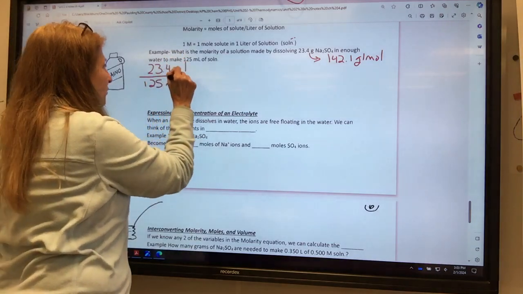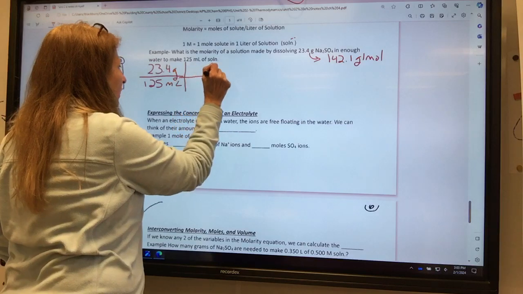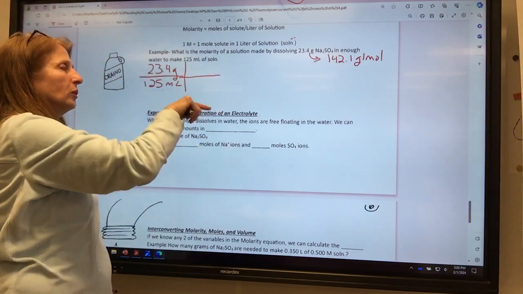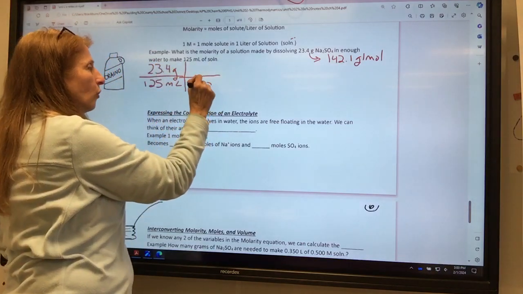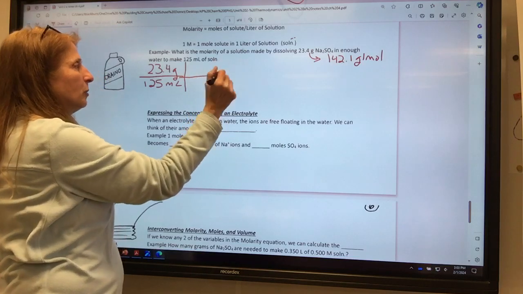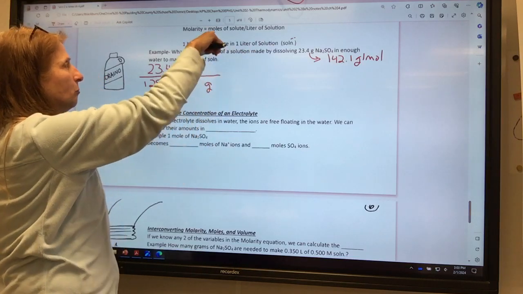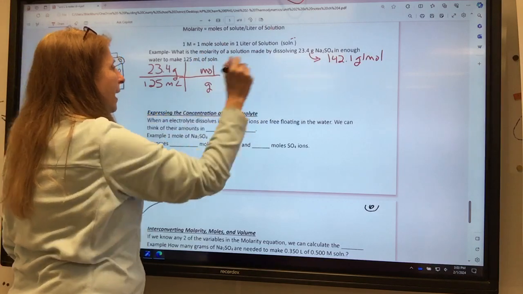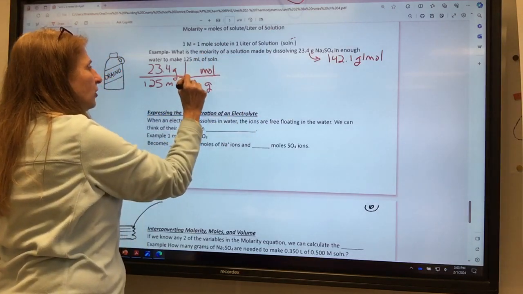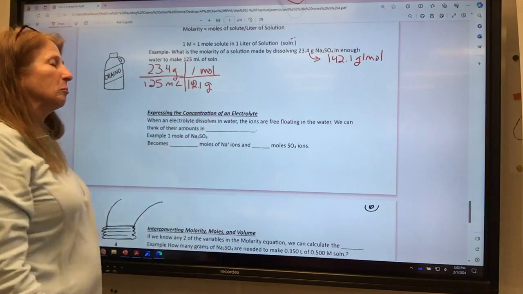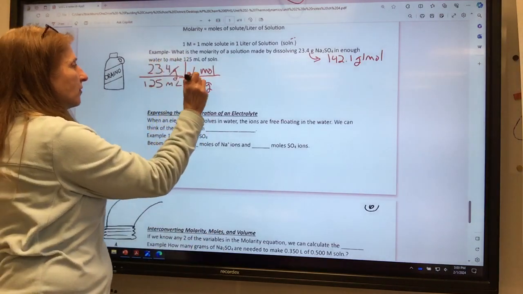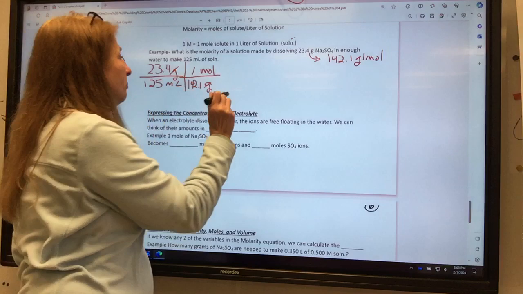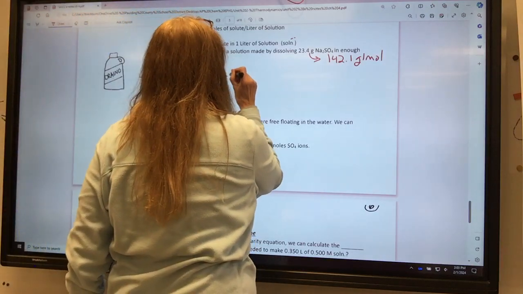Okay, so let's get rid of these grams first. What goes in the denominator? Grams. And we want to change them to moles. See what's in the numerator? Moles. How do we get from grams to moles? Molar mass, 142.1 grams per 1 mole. Grams cancel out. And now I've got moles per milliliter. Is that what I'm supposed to have?